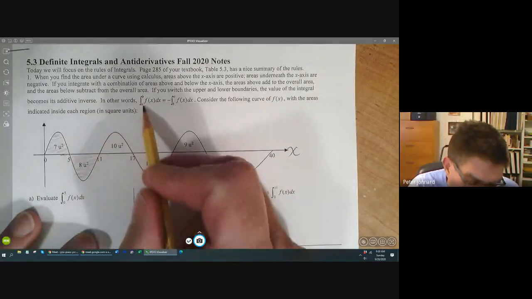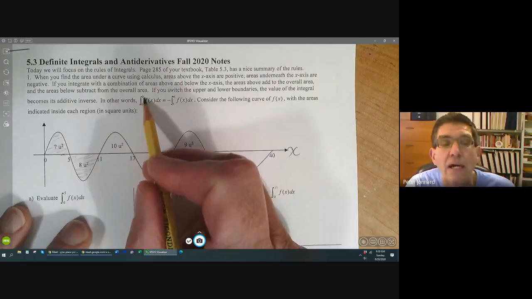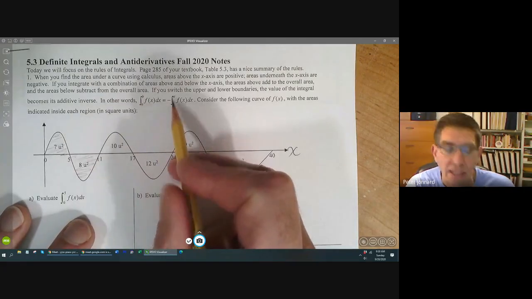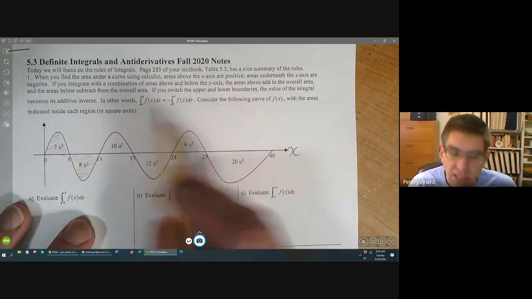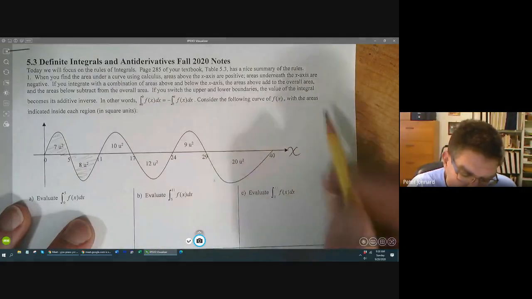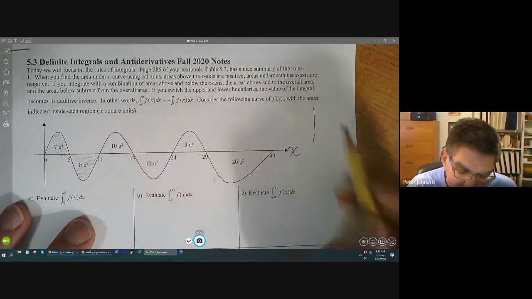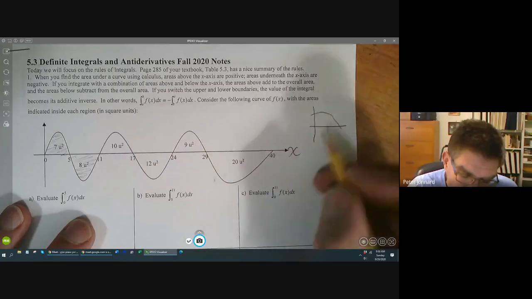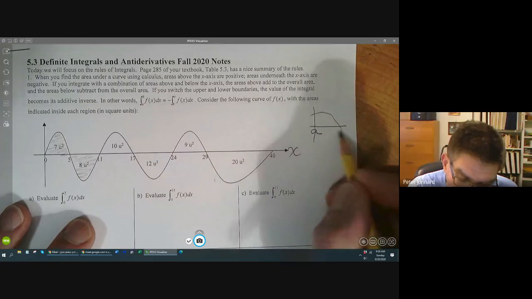So if you integrate a function from a to b, it is the exact opposite as if you integrate from b to a, okay? And I think the easiest way of explaining that is just to imagine you're integrating some function on a curve, and you want to find the area from a to b.